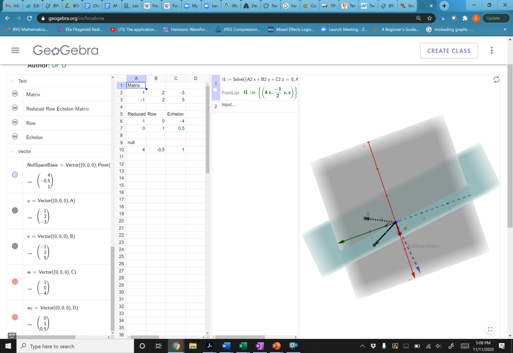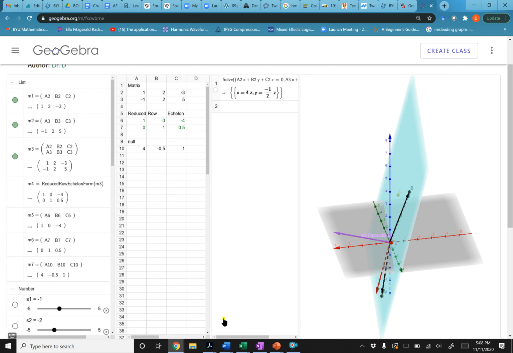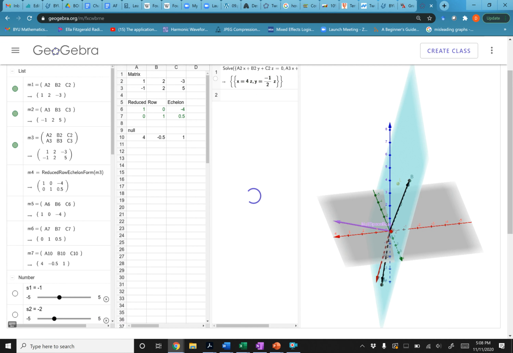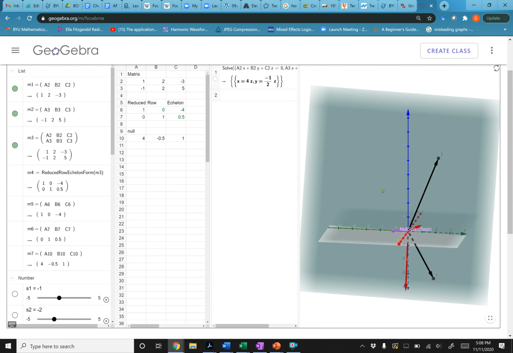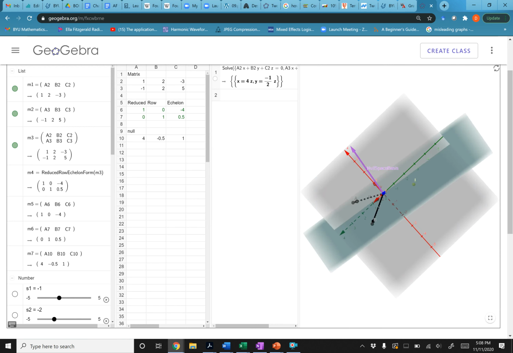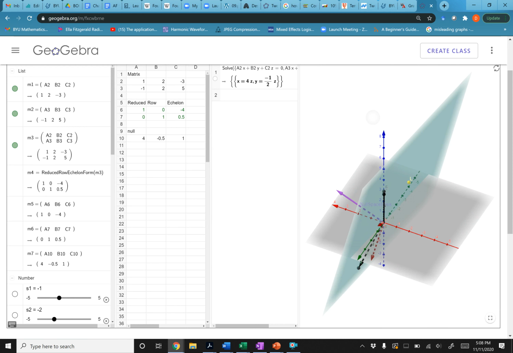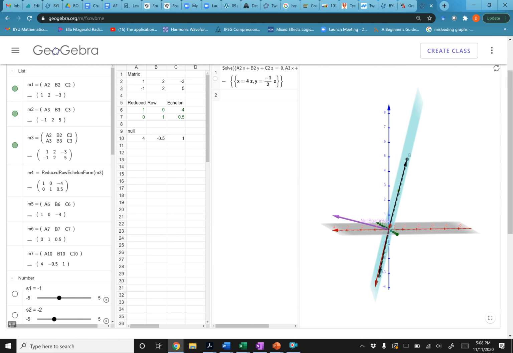The row space is this blue. The row space, which is a subspace, is already a span. I'm sorry, it's not the blue vectors, it's the blue plane.